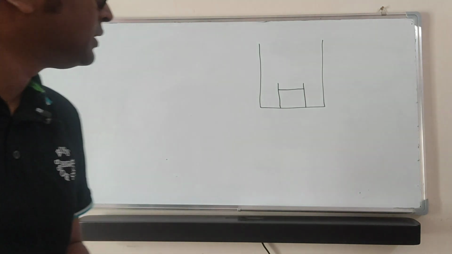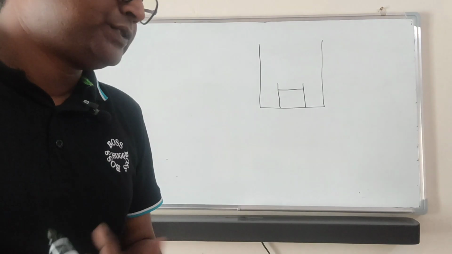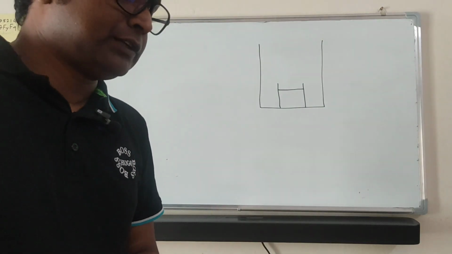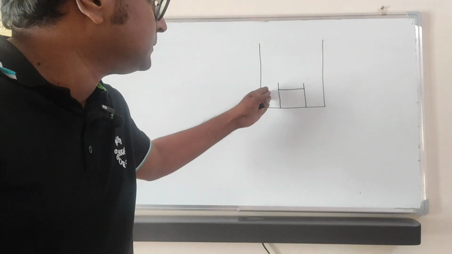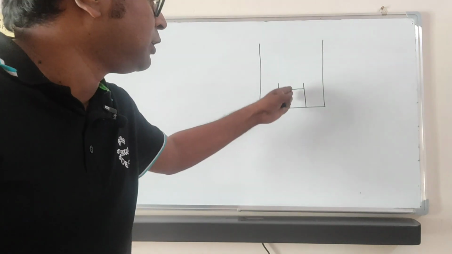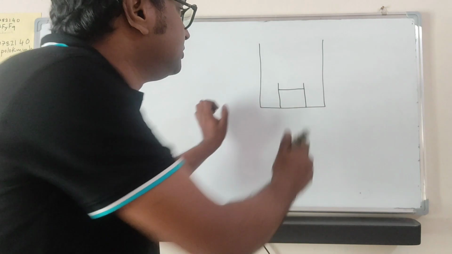In this experiment they ask to plan an experiment to investigate the effect of the size of the air gap between the small container and large container. There is a gap between these two.